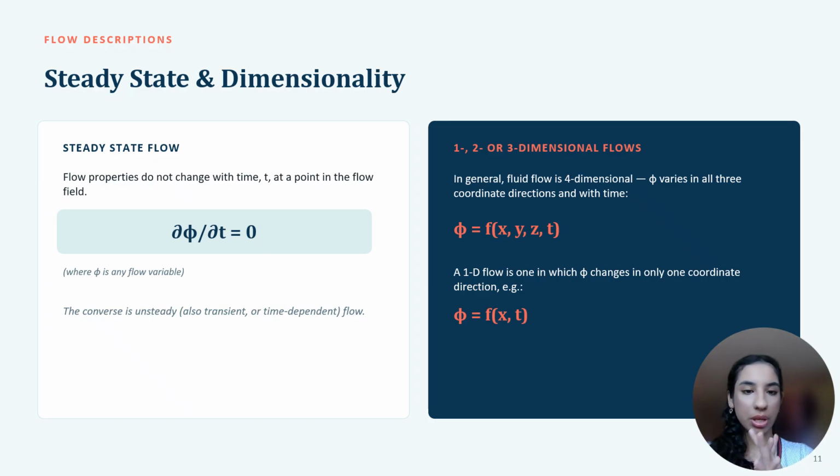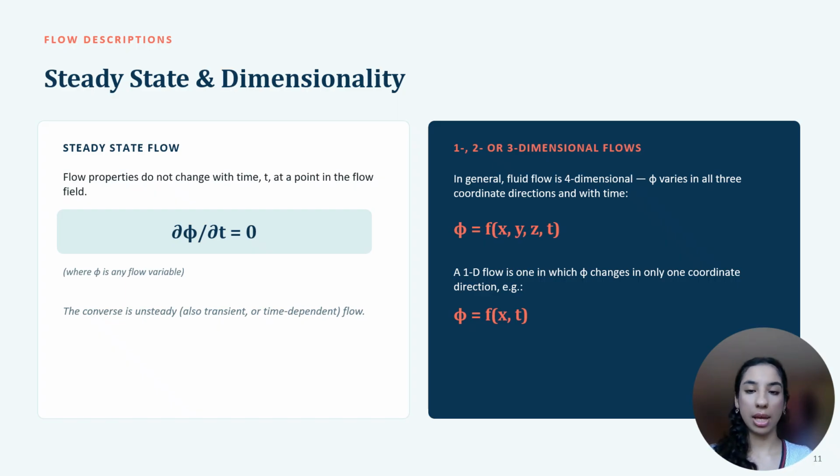We have this equation here: change in phi, that Greek letter, is any flow variable you have, like viscosity, density, velocity, over the change in time is going to be 0. Because the change with respect to time is 0, then it is steady. It's very obvious, I think, right?